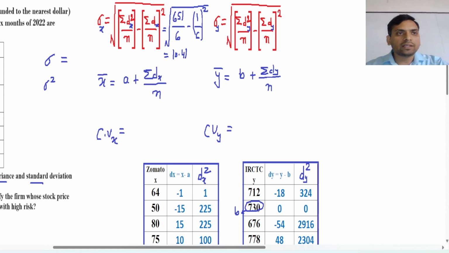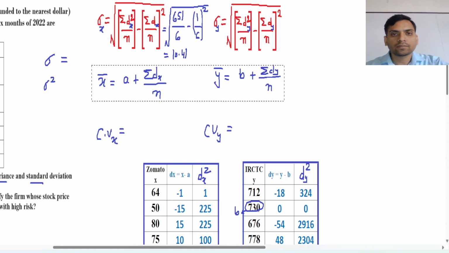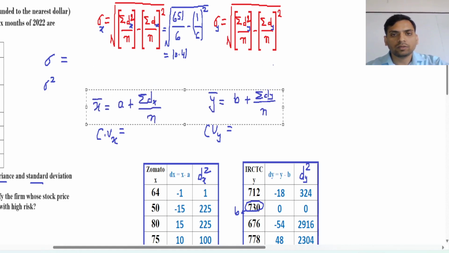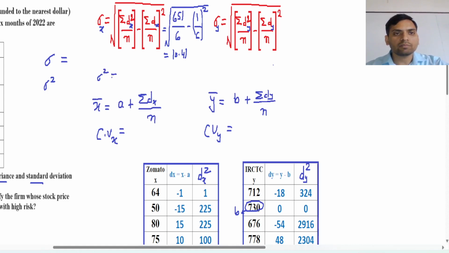So sigma square, the variance, is the square of 10.41, which equals 108.36. Second is sigma y.